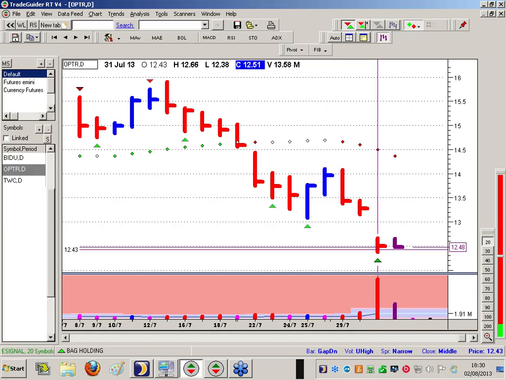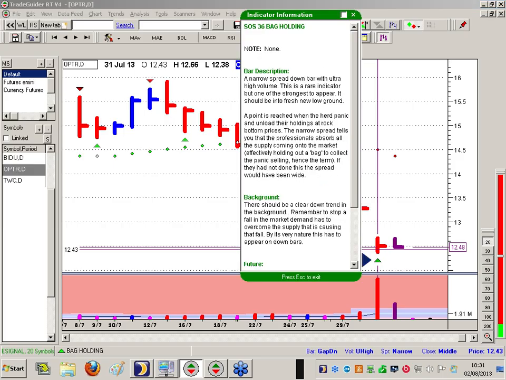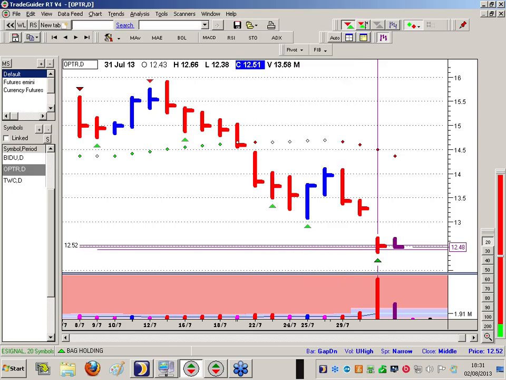Because not only is it a former level area where there was support in the past, there is now obvious support, down bar, narrow spread. There's even a signal there. Bag holding. So there you are. There's another example of bag holding. That's serious buying from professional money.